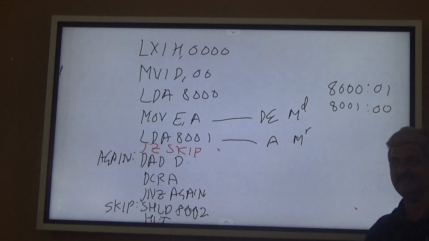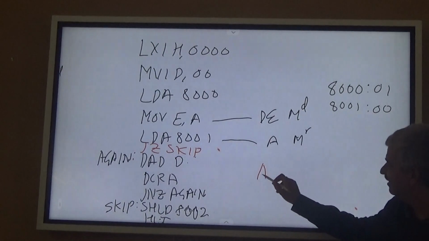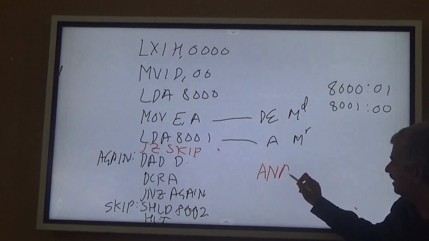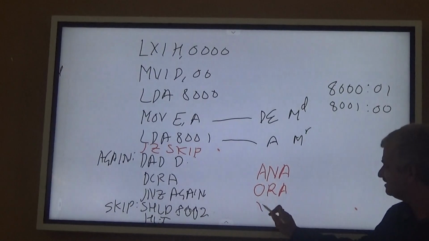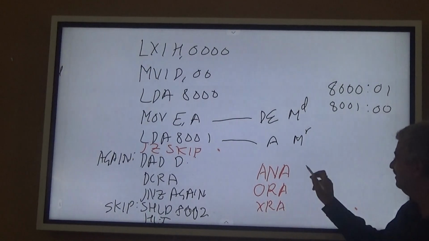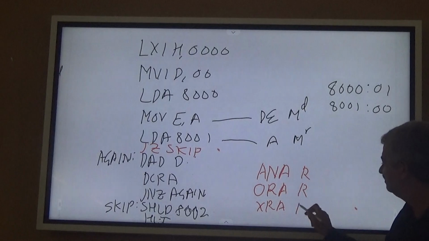So by the way, I will take this opportunity to provide you 2 more instructions. Those are quite simple. Those are ANA, ORA and XRA. It is any register or even memory.